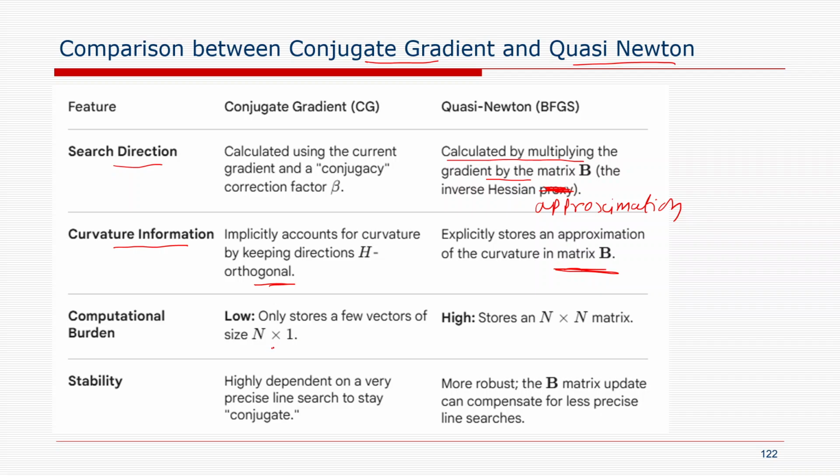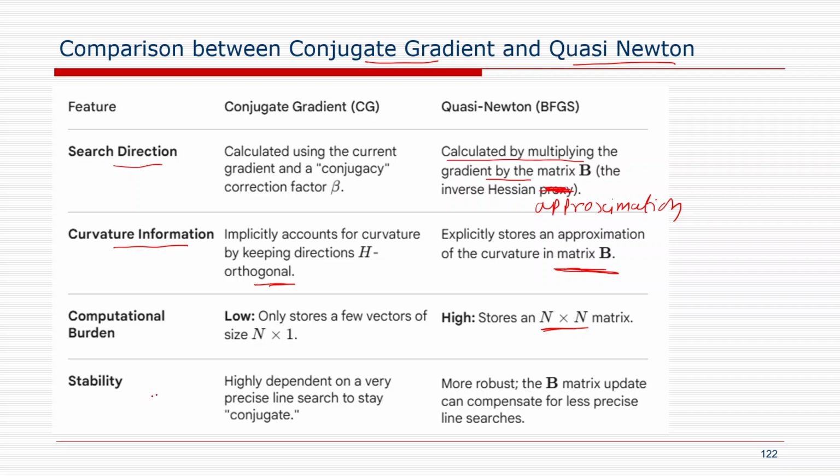We are not storing any matrices. But here we have to do the approximation of the inverse Hessian matrix, therefore we need at least an n cross n matrix.